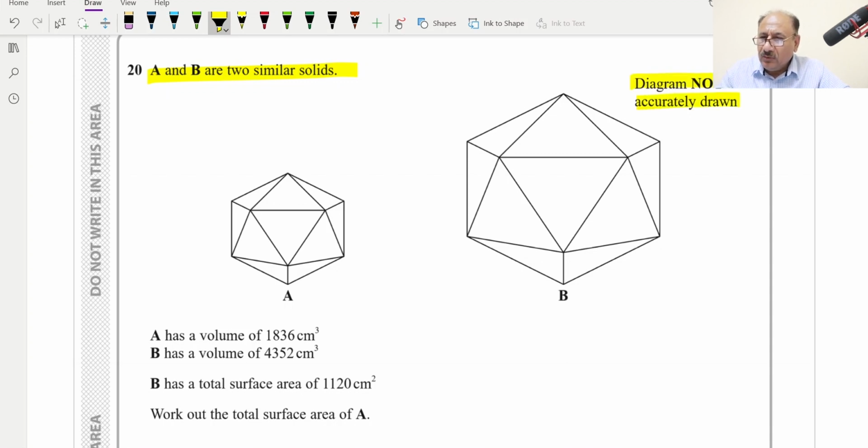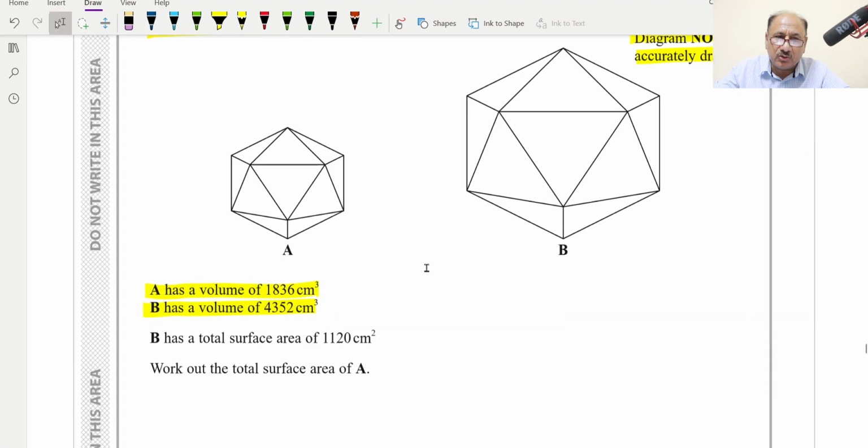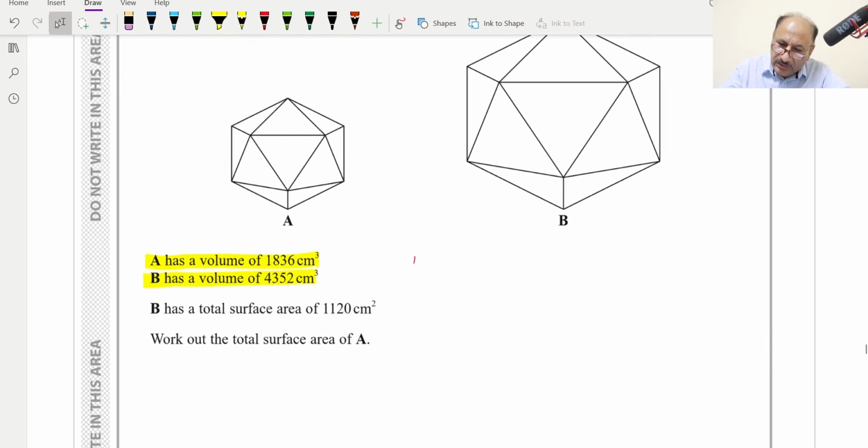Diagram not accurately drawn, and A has a volume of this one, B has volume of this one. B is bigger shape. Volume ratio, before going ahead, we can calculate the volume ratio. So we will calculate k cubed. Volume ratio is always cube, which is equal to 4352 divided by 1836.